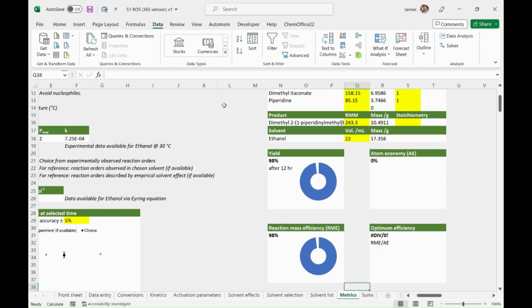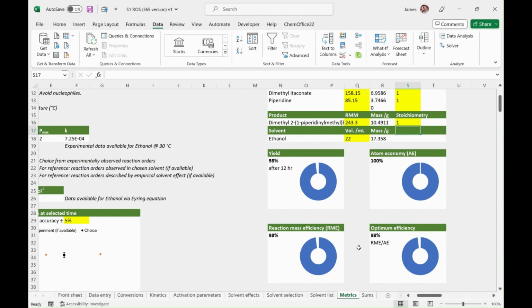Now, what we see in the graph here, once I've added the final stoichiometry, are some mass-based metrics. In green chemistry, we focus a lot on minimizing waste, and to minimize waste, you want to increase the yield and also use less of excess reagents, for example.